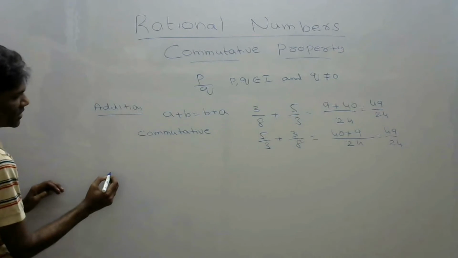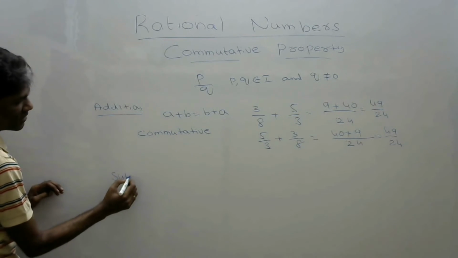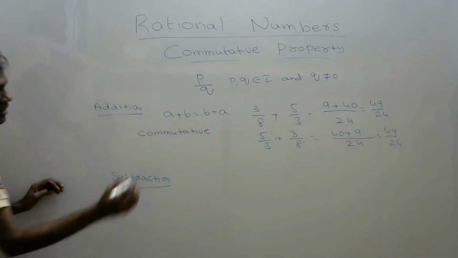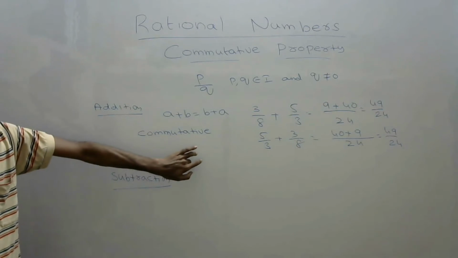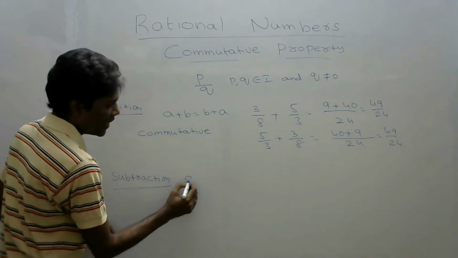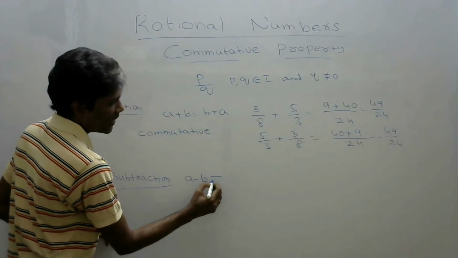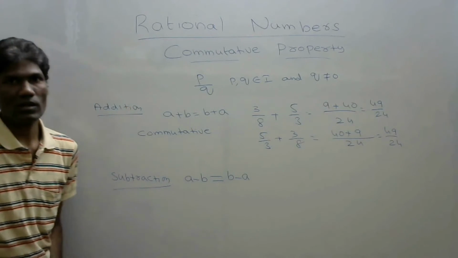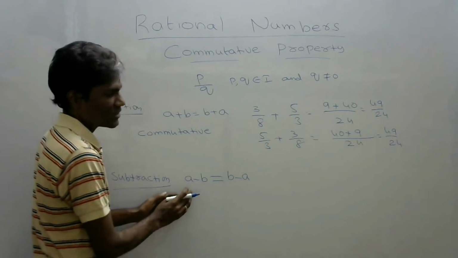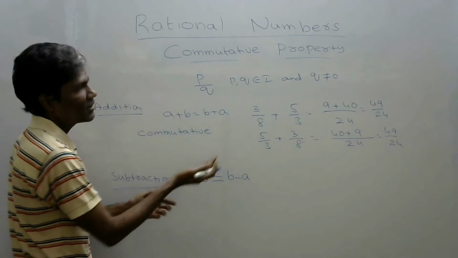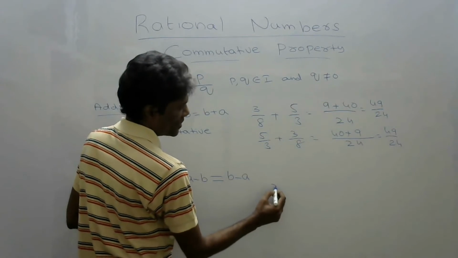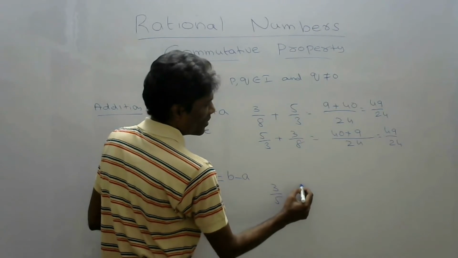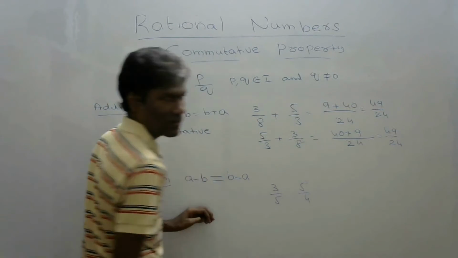Next, we will see subtraction. Here, we should check whether a minus b equals b minus a or not. So, let us take some numbers a and b. Say this is 3 by 5, and another number 5 by 4.